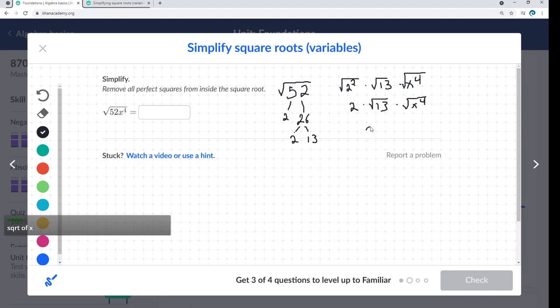I mean, is this just the answer? Is it 13 x to the 4th? 2 times the square root of 13 times x to the 4th, because we can't. What is the square root of x? I have no clue.